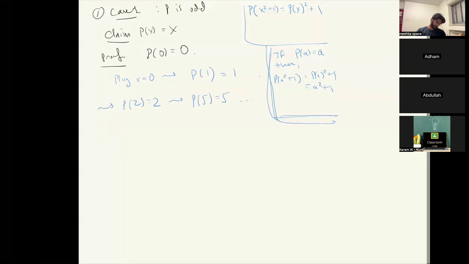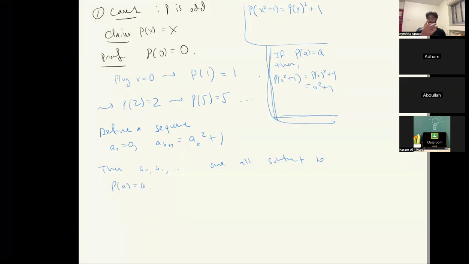Let's say it rigorously. Your argument is to define a sequence a sub 0 equals 0 and a sub k plus 1 equals a sub k squared plus 1. Then a0, a1, and so on are all solutions to p of a equals a.